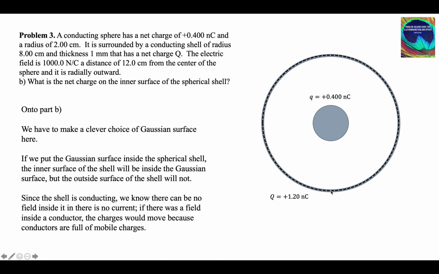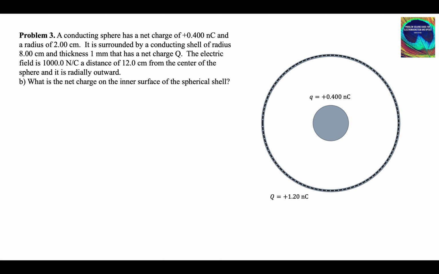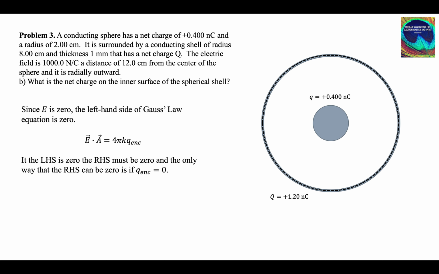So we know the field is zero in there. So in our Gauss's law equation, E is zero. So the whole left-hand side drops out. E dot A is zero because E is zero. This means Q enclosed must be zero.